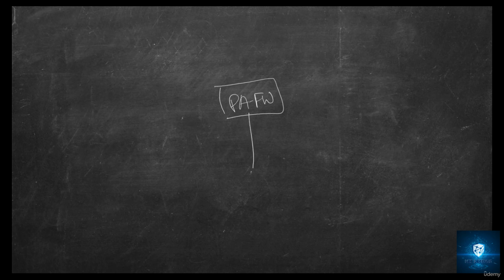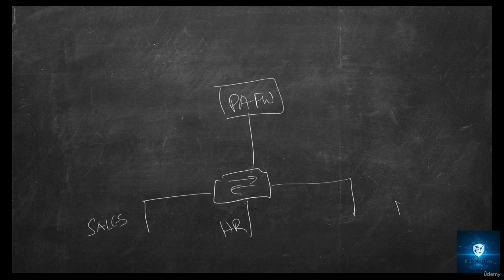So if you go to the blackboard, what you do is you have the Palo Alto firewall, and then you have the switch here, right? Then you have multiple segments. So this is your sales, your HR, your IT, right? These are on different subnets. So subnet means VLANs.